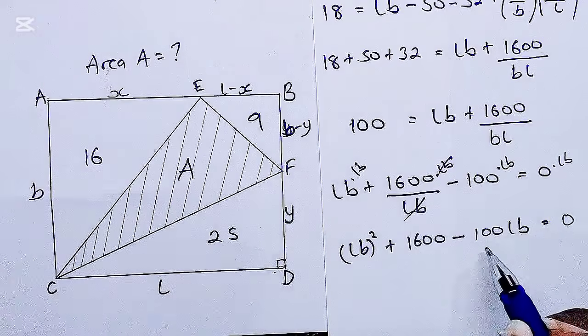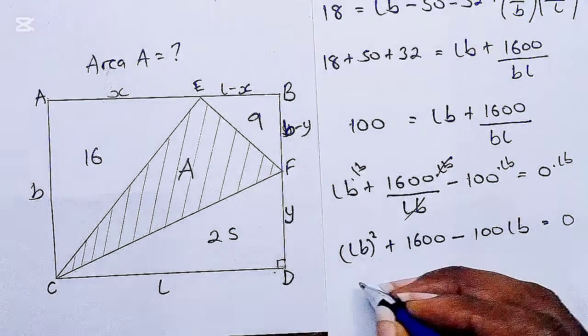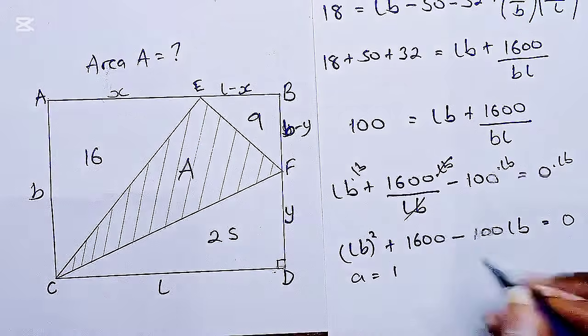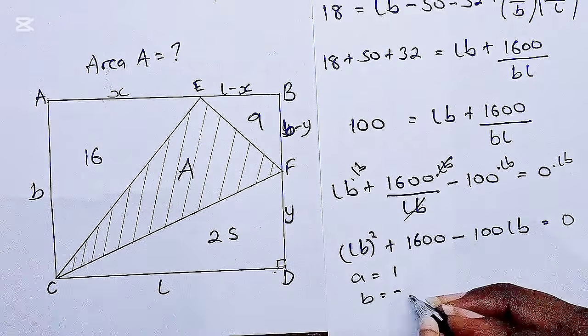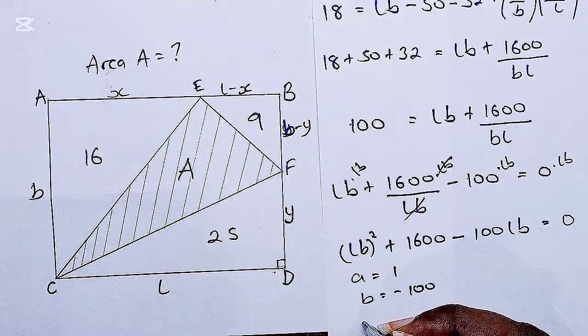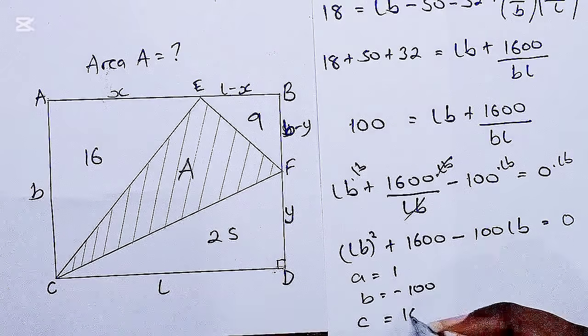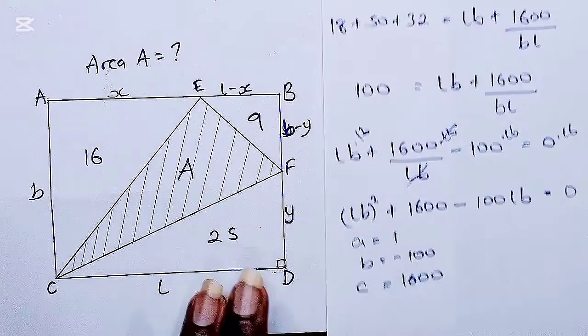As you can see, this is a quadratic equation where A is 1, B is negative 100 and C is 1600.